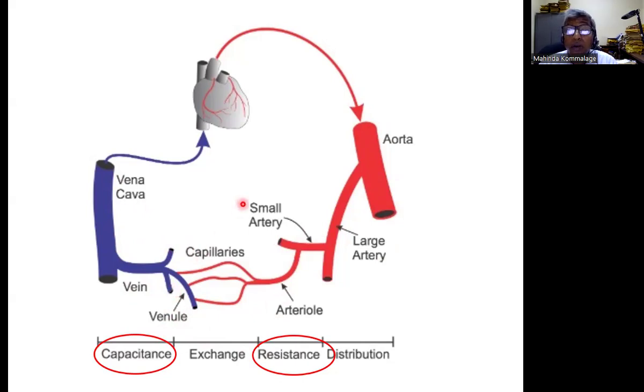By providing autonomic supply, sympathetic, parasympathetic, to these places, we can constrict or dilate these arterioles or venules. In that way, we can control the blood flow finally to the capillary, because the tissue gets the blood from the capillary.